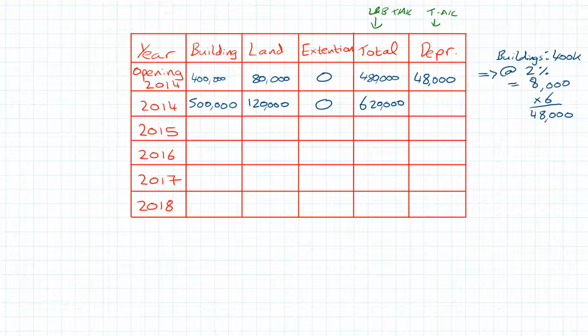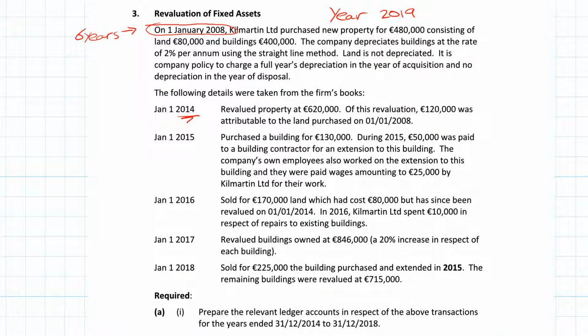So our depreciation for this year is going to be 2% of 500,000, which is 10,000. Perfect. And that's all we really need to do for our table. So the tables are quite straightforward.